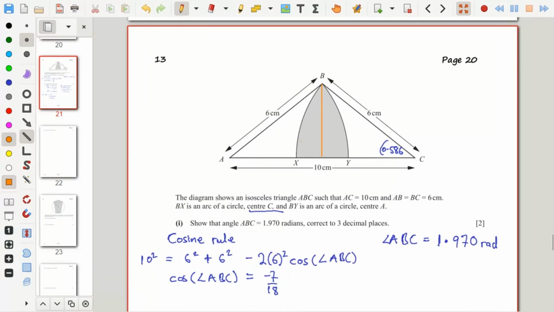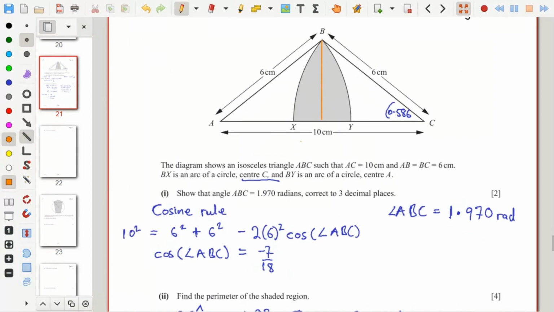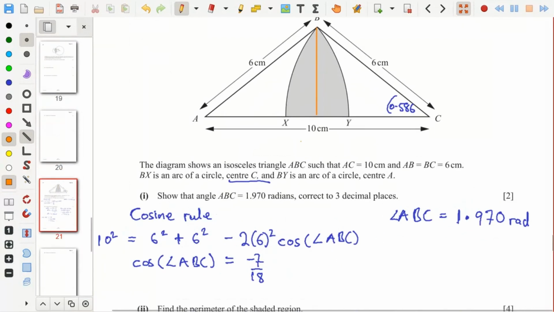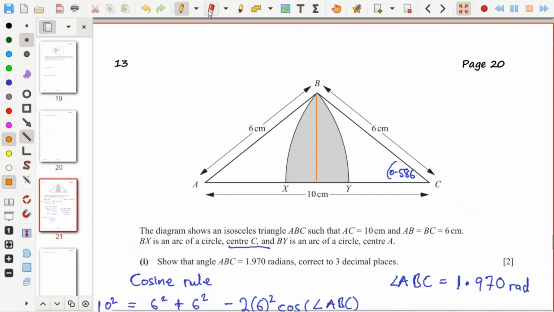Let me draw the height of my isosceles triangle. If I do so, you know that the height of an isosceles triangle bisects the base.